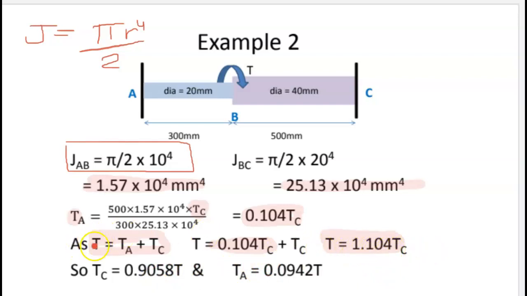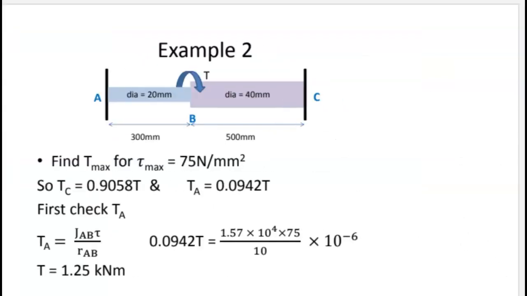So instead of T here, if I put this value, that will give me a value for T_C as 0.905 and T_A as 0.0942 T, because now I put that value back. So now I can have a look at torque at C. I don't know what the total torque is. Torque at C is 0.9 and torque at A is going to be 0.09 of the total torque T. We don't have the value, but we can put the value in if they give us a total value.